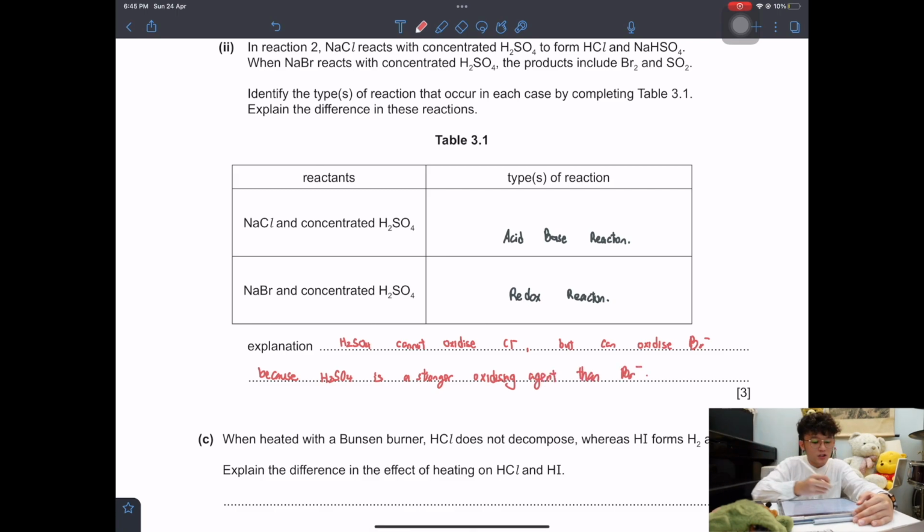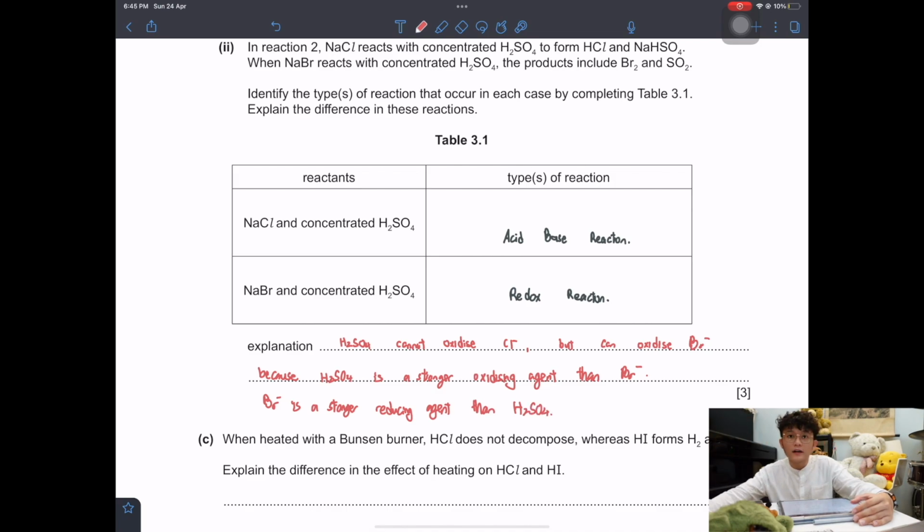Or you can also mention that Br- is a stronger reducing agent than H2SO4. Okay, that's it.